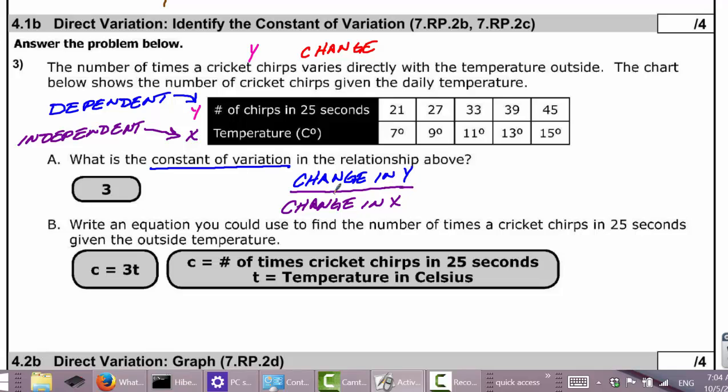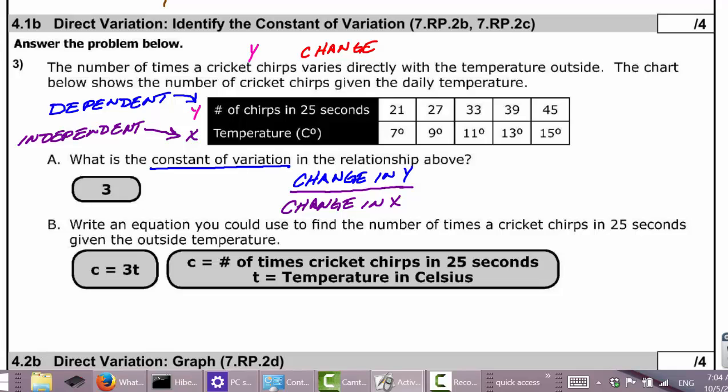Why is it that way? Because that's what mathematicians decided a long time ago, just like this color is called blue because somebody decided a long time ago we're going to call that blue. So this is one of those things you have to memorize: constant of variation is the change in the y value divided by the change in the x value.